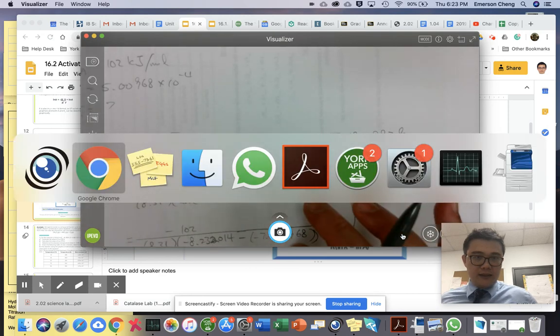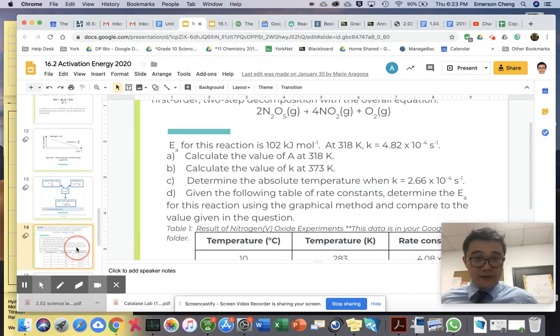Now, if we look at the other values, does it make sense? When you have 318 Kelvin, you have 4.18. This is half of that value, but my calculator work looks right.